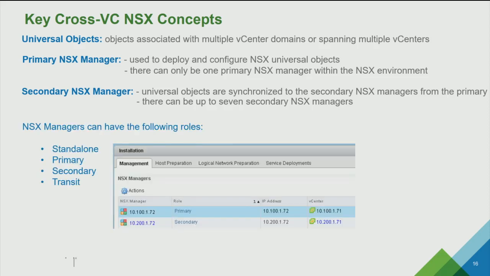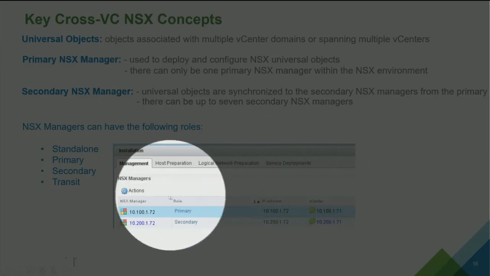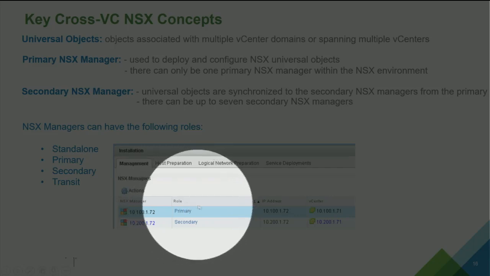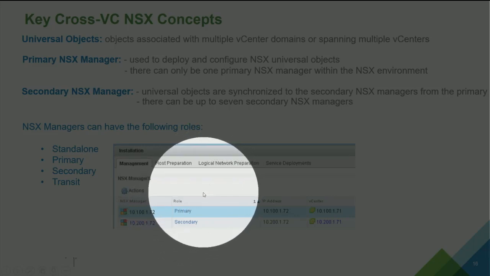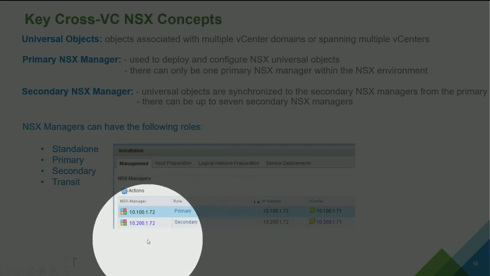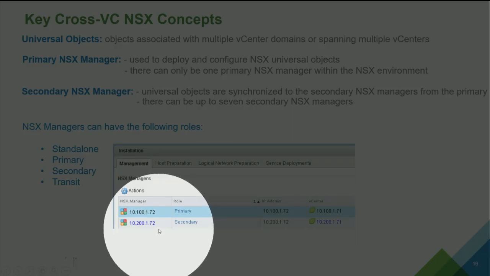You can see here I have an example. We have multiple roles now, primary and secondary. This first line is a vCenter, and you can see the NSX Manager linked to this vCenter. I've promoted it to primary. Then on this NSX Manager I give it the credentials of the second NSX Manager sitting in site 2. The second NSX Manager then gets promoted to secondary.